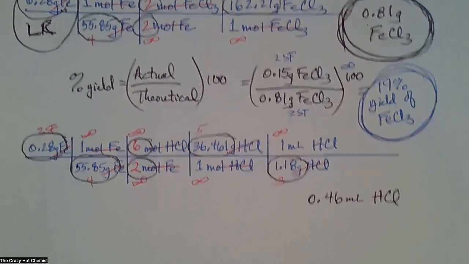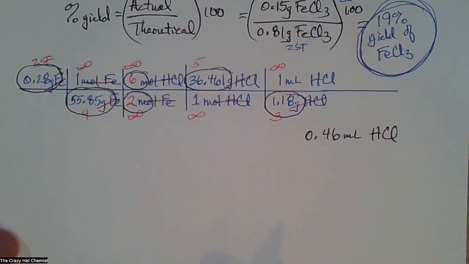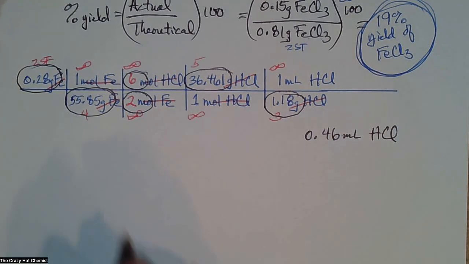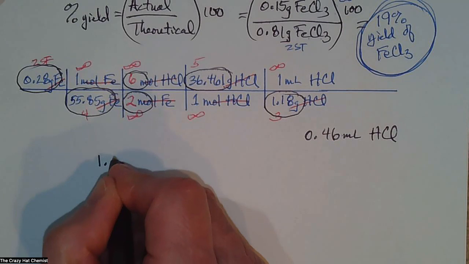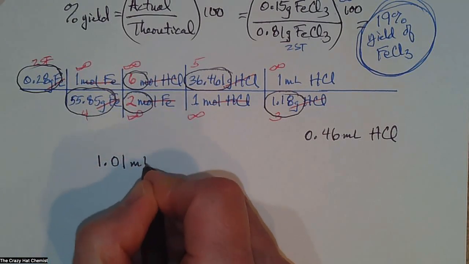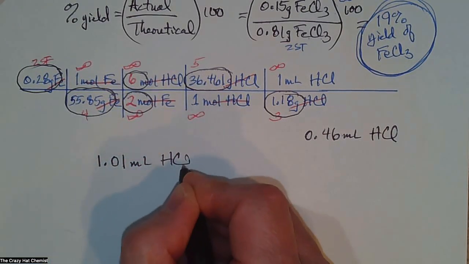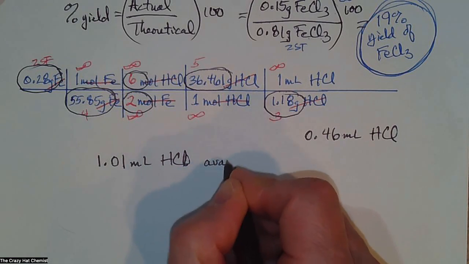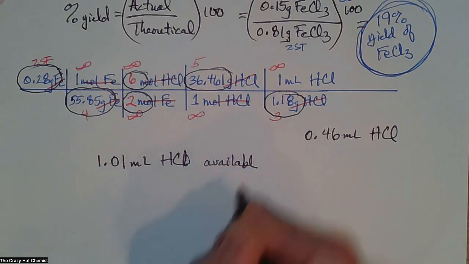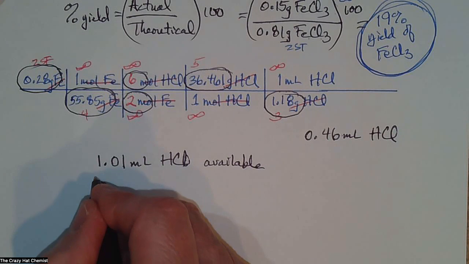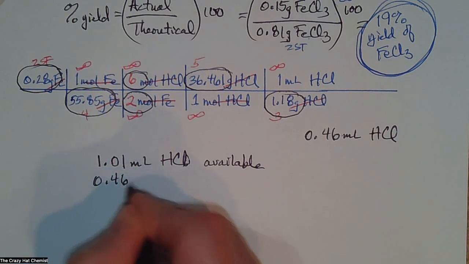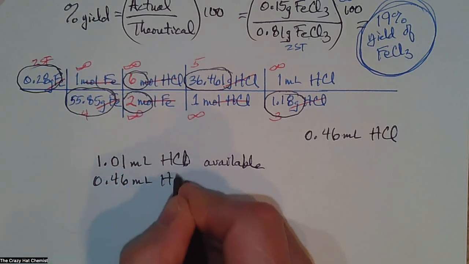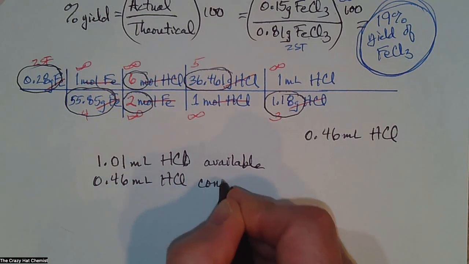All right. So now we're going to scroll this right up here, and we're going to say, well, how much HCl was available to me in terms of milliliters? 1.01 milliliters of HCl was available. How much did I use? 0.46 milliliters of HCl was consumed.